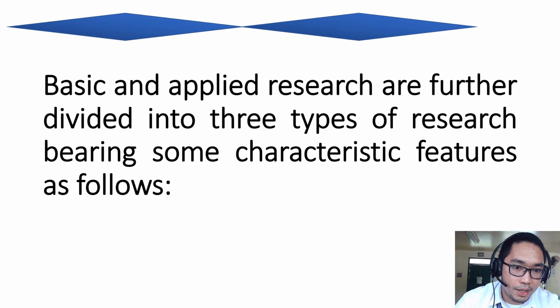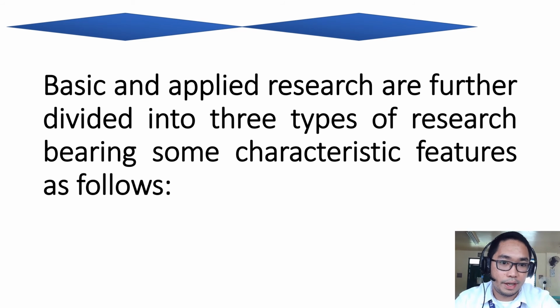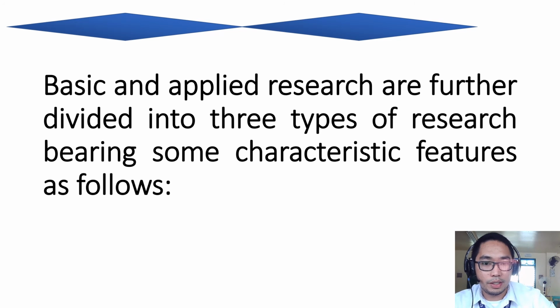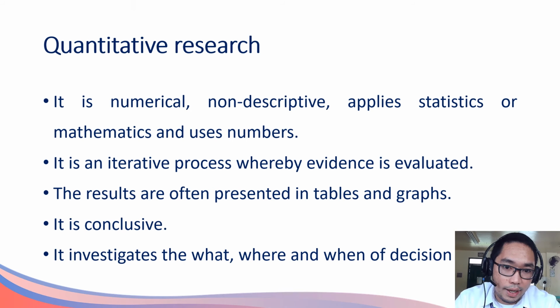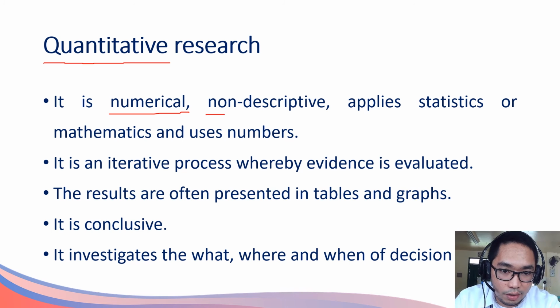Now, basic and applied research are further divided into three types of research bearing some characteristic features as follows. Quantitative research. Now, quantitative research is numerical, non-descriptive, applies statistics or mathematics, and uses numbers. So, from the word quantity or quantitative, of course, it is numerical. It is not descriptive in nature.